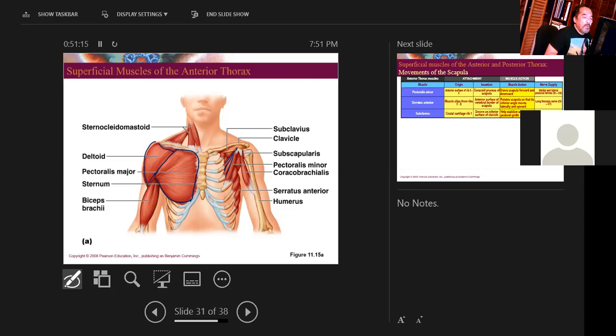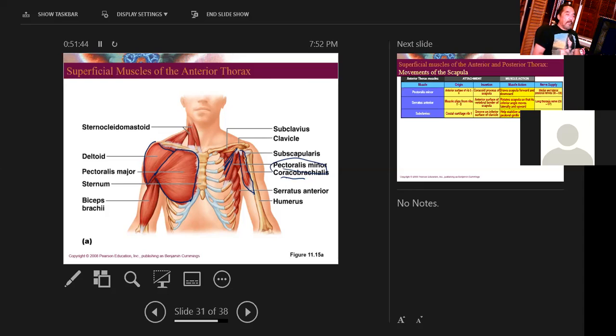The chest muscle was removed, so I can see the pectoralis minor muscle underneath the major. And then halfway is a muscle called coracobrachialis muscle.